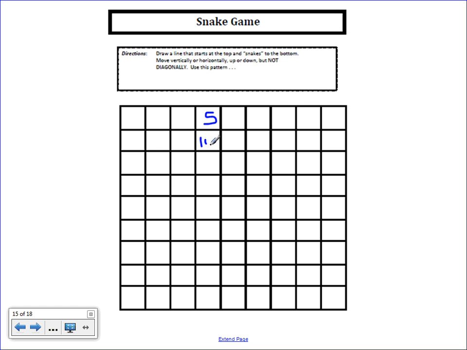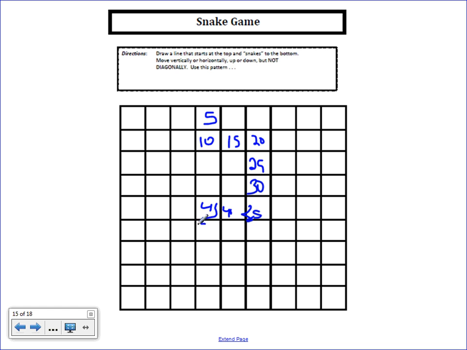It's got to go 5, 10, maybe it goes sideways a little, 15, 20, let's go down, 25, 30, forgive me for being so slow, 35, let's say it starts heading back this way, 40, 45.